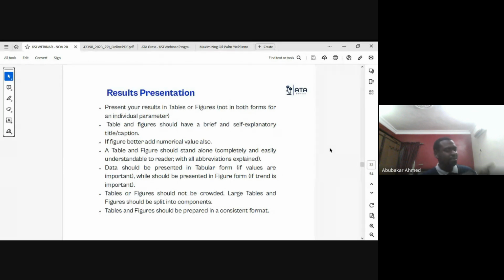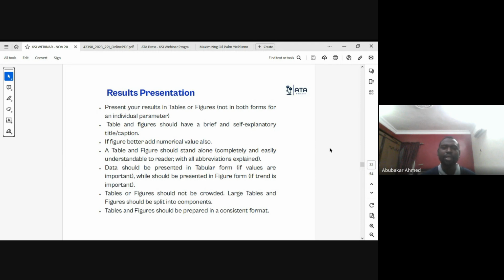That one can be plotted as a trend because we want to see the changes. When you plot it, you see that the trend is going up, somewhere going down, somewhere going up, somewhere straight. So you will be able to understand that in 2000 we had high yield, while in 2025 we have lower yield, but in 2022, due to high rainfall, we had high yield. So you can easily see the trend. That is for the figures or the graph.